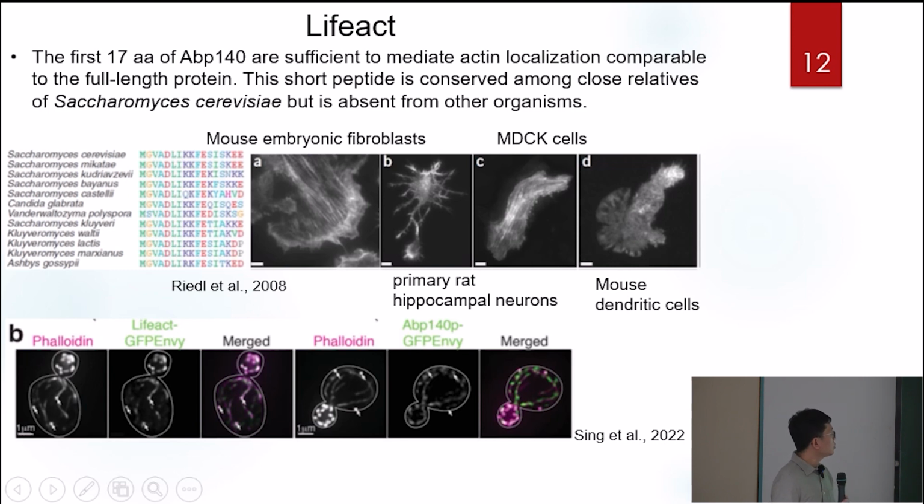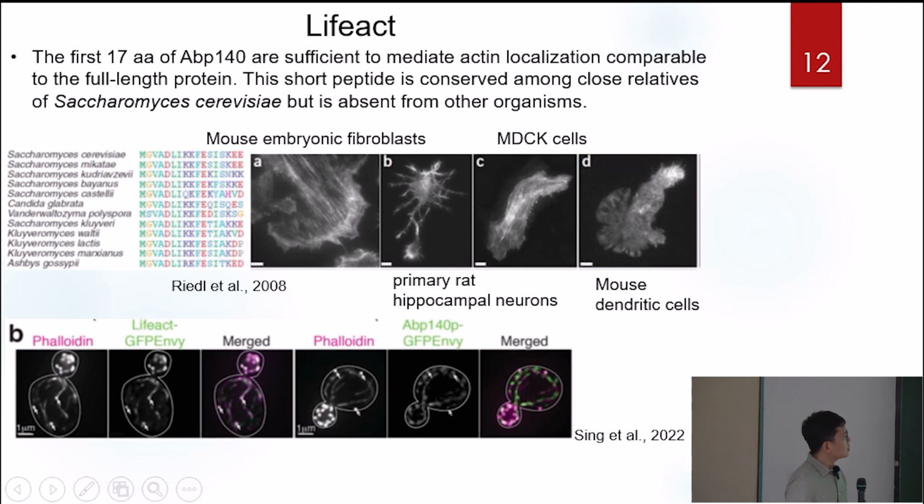If you compare the sequence of the first 17 amino acids in budding yeast, Saccharomyces cerevisiae, and its relatives, it is pretty conserved, but it is absent from other organisms. Then they fused the 17 amino acids of ABP140 with other fluorescent proteins. In different kinds of cell types, it perfectly labeled the actin filament, and even in yeast, it does the same thing.